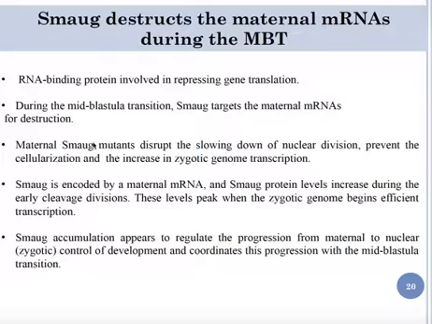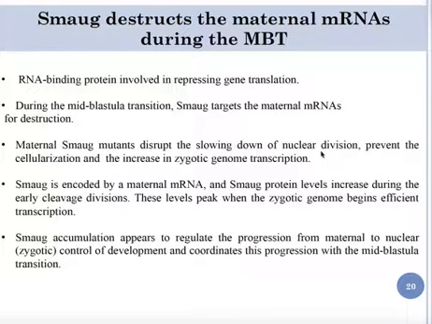So we got embryos without any Smaug, so without the protein that will degrade the maternal messenger RNAs. So these embryos don't show a slowing down in the nuclear division. So we have a disruption in the slowing down of the nuclear division.